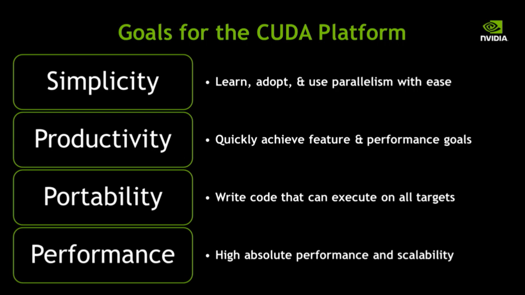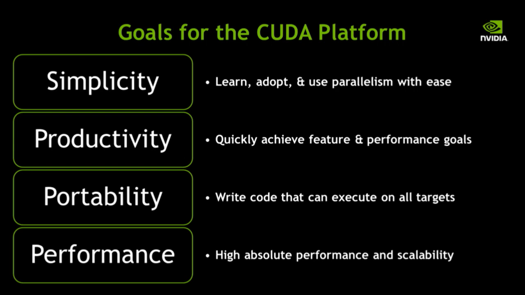And so we need to make it possible to achieve those goals quickly, as well as provide tools and capabilities that allow developers to recognize the barriers that are keeping them from achieving their goals and potentially how to overcome those barriers. So that's why we invest in things to simplify programming like unified memory, as well as we invest heavily in our developer tools to help developers find problems quickly and fix them.